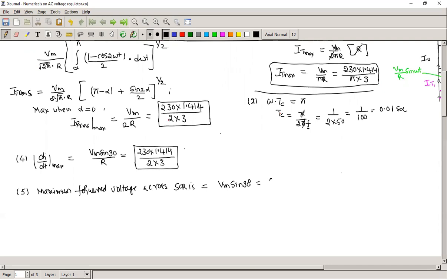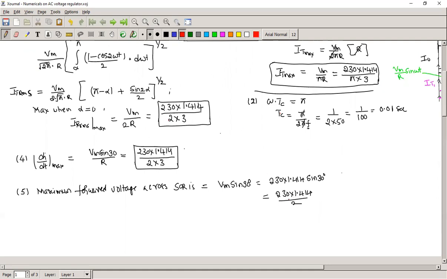Vm is nothing but the maximum, 230 into 1.414, into sin 30, so this is equal to 230 into 1.414 divided by 2.